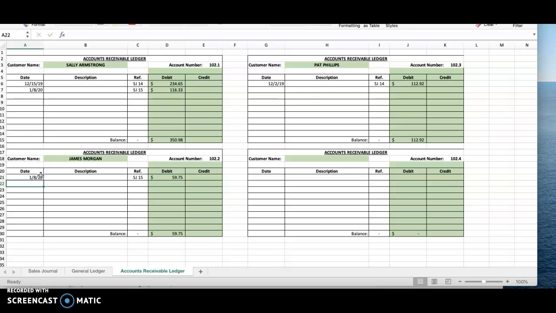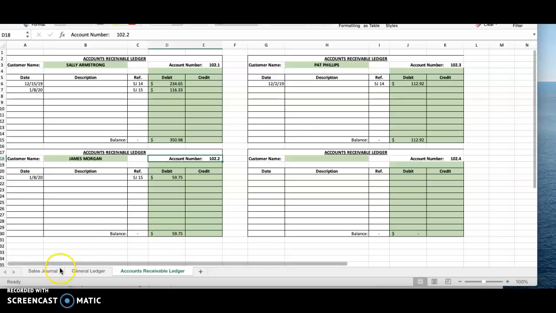So now he owes us an amount of money. Eventually, when the customers pay us, obviously their account would be credited. When James Morgan pays us $59.75, we would credit his account by that amount, and that would mean a balance of zero. We're not ready for that yet. That's using a different journal. So his account number is 102.2.